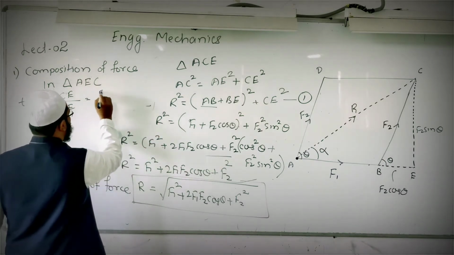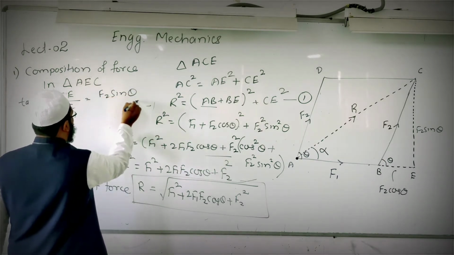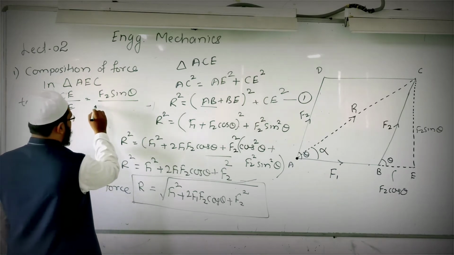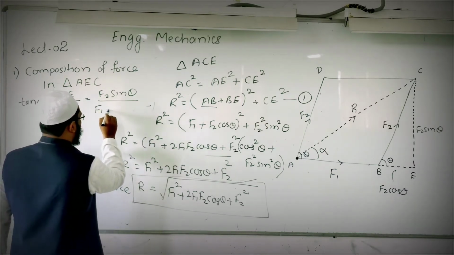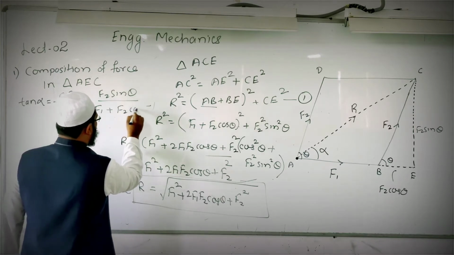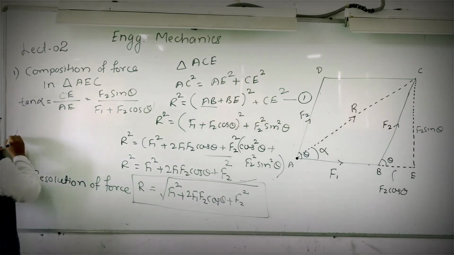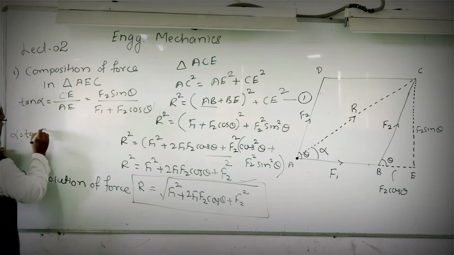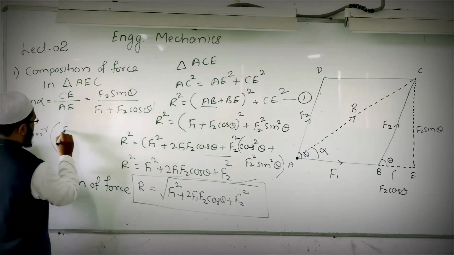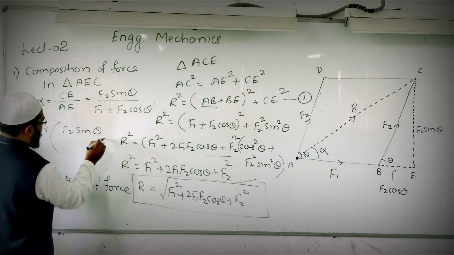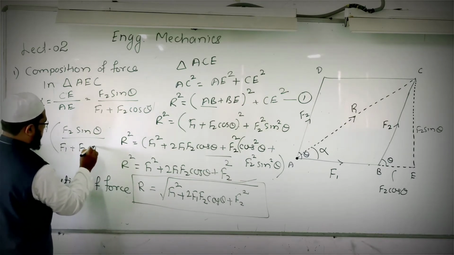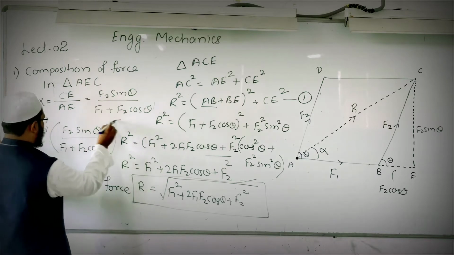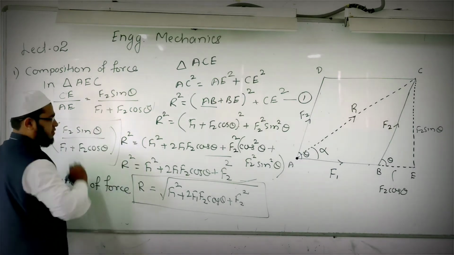We already know that CE is F2 sin theta. Therefore AE is the addition of AB and BE, F1 plus F2 cos of theta. Therefore alpha equal to tan inverse of F2 sin theta divided by F1 plus F2 cos of theta. It is the direction of the resultant.